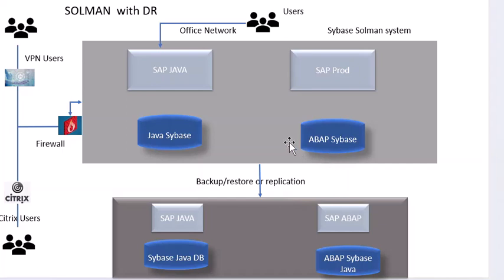When I say backup and restore, they have to take the backup, restore it, and build the system. And if it is replication, obviously whatever changes happen in the system on the primary side will automatically be replicated to the second side. So I keep this as open because the customer needs to give confirmation on this.